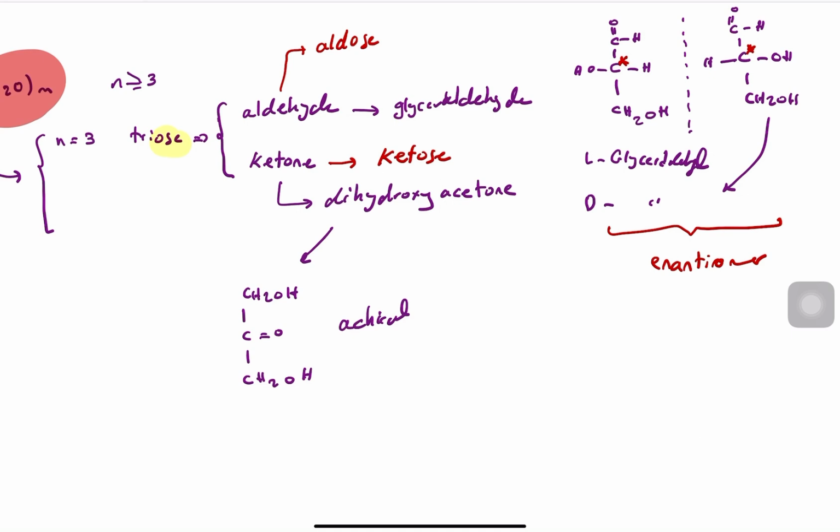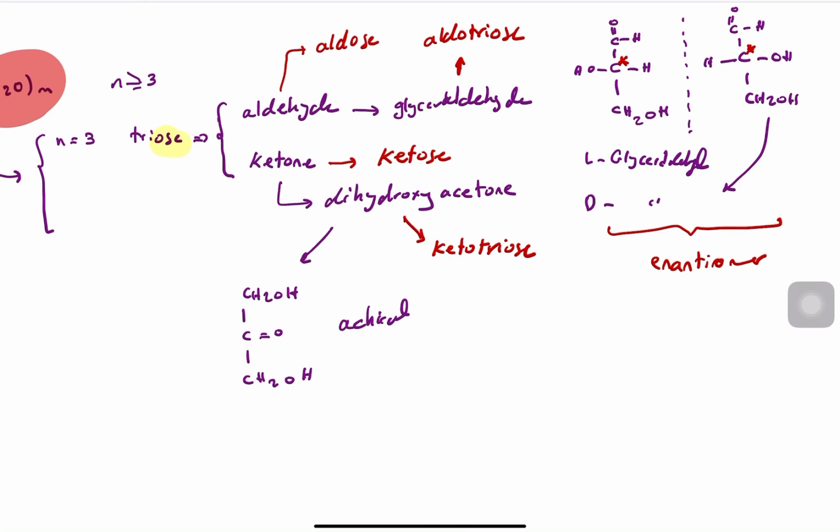For example, glyceraldehyde is an aldotriose, and dihydroxyacetone is a ketotriose. It is the first group of carbohydrates with 3 carbons.